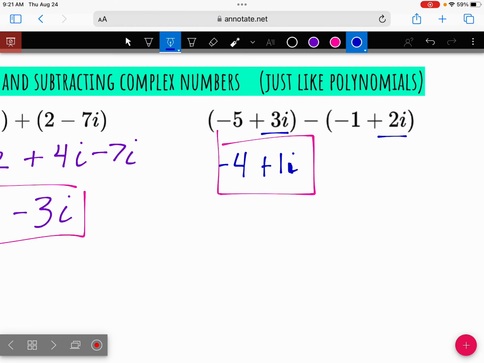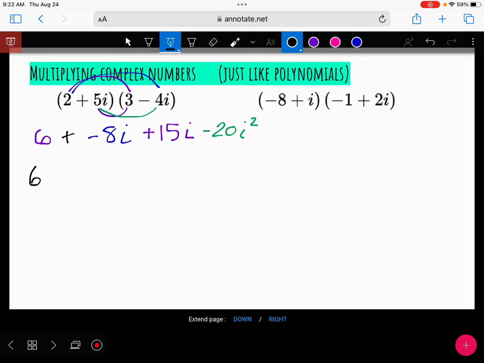Then we're going to simplify. Combine our like terms. 6, and I have minus 8i plus 15i, which gives us positive 7i. Minus 20i squared. What does i squared simplify down to again? Negative 1.